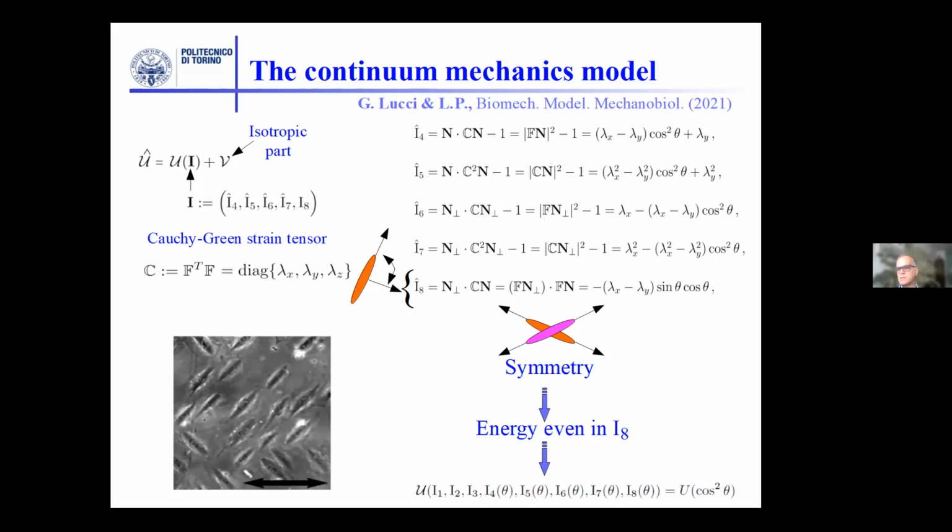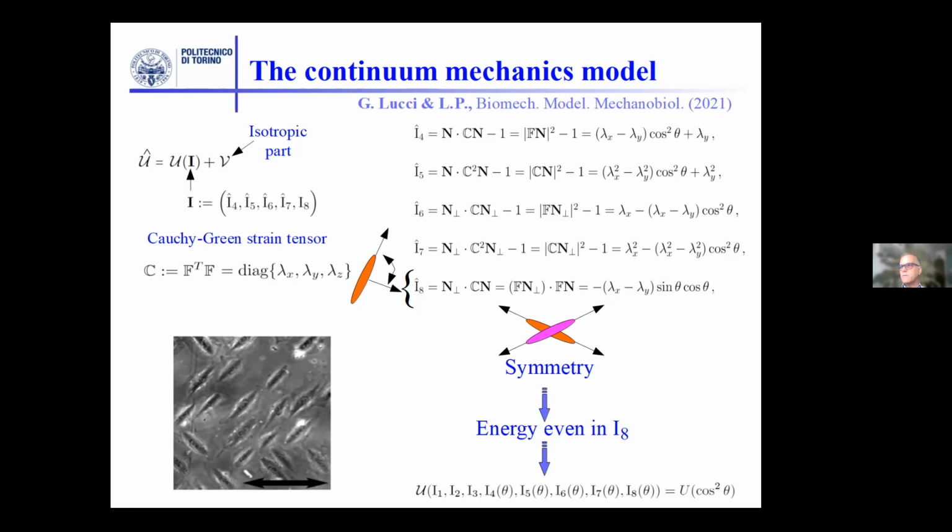But for this last one, I8, because of symmetry, the energy must be even in I8. So this means that also I8 is a function of cosine square. So after all, any general elastic energy can be written as a function of cosine square.